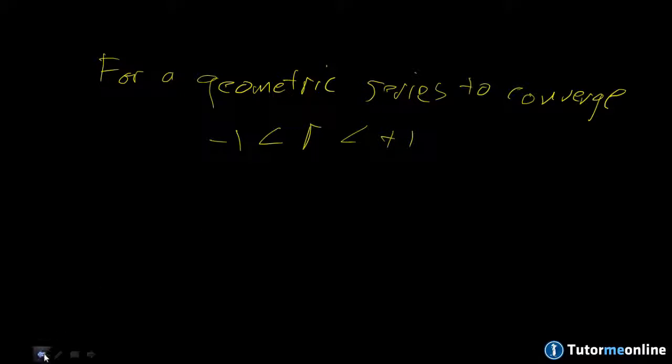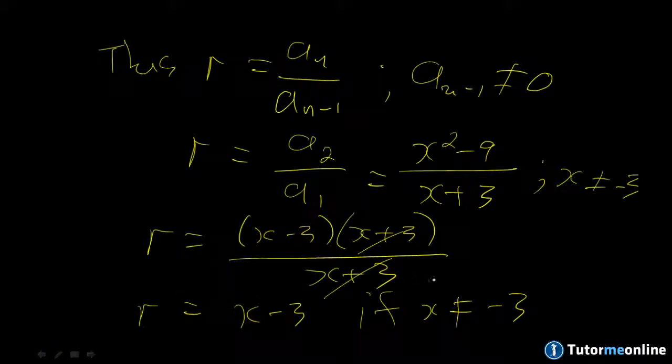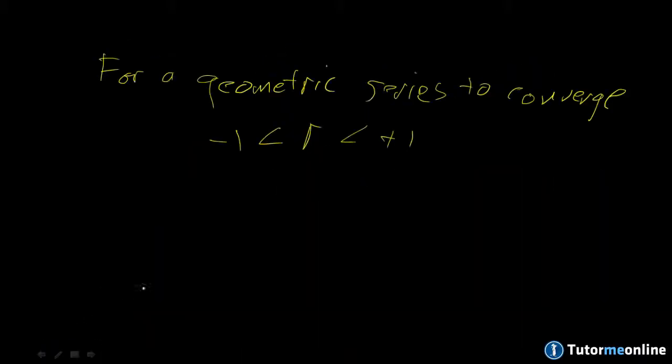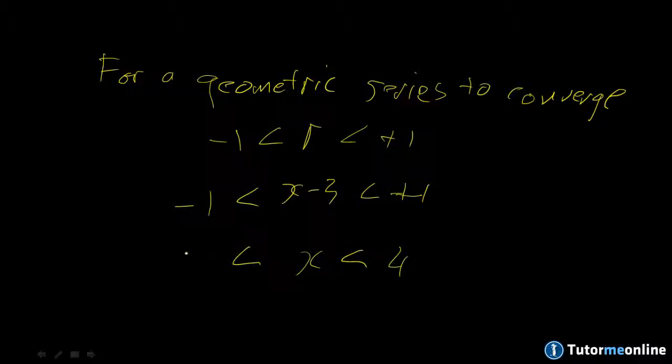Thus, we just determined on the previous page that R is equal to x minus 3. So let's replace R with x minus 3. Therefore, x minus 3 must be less than plus 1 and x minus 3 must be larger than minus 1. Therefore, if we solve for x, we can say x must be less than 4 and x must be larger than 2.